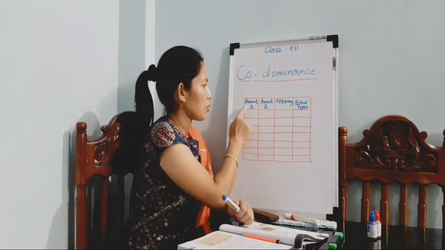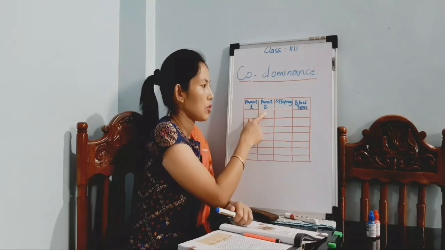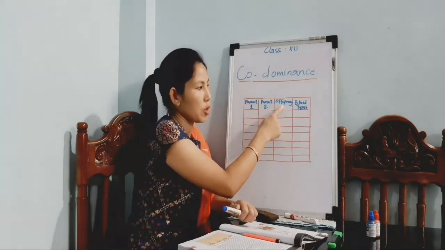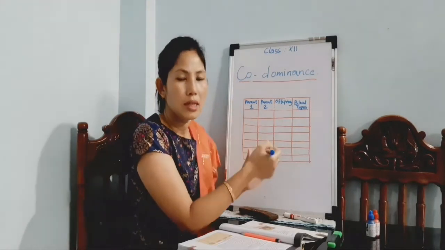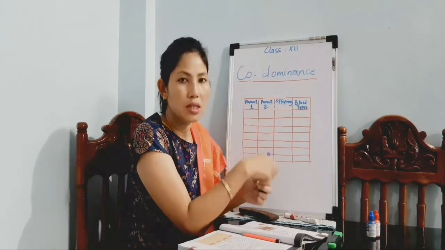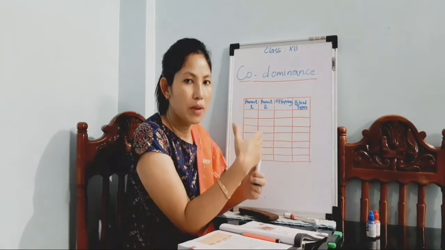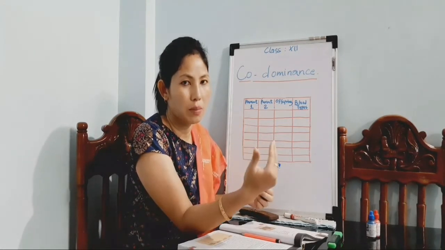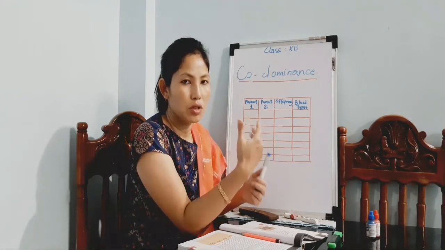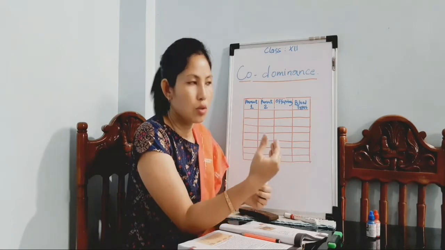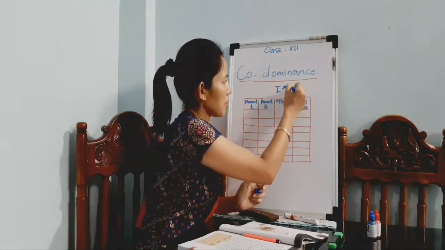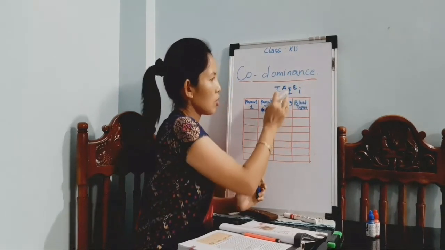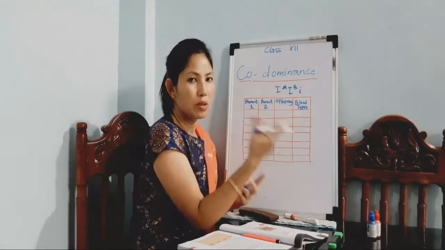Here in this chart we have parent 1, parent 2, and the genotype of the offspring and the blood types. As in Mendel's law of segregation, during gamete formation the factors are separated. Here also, as human beings are diploid, out of the three alleles IA, IB and small i, only two will be present.